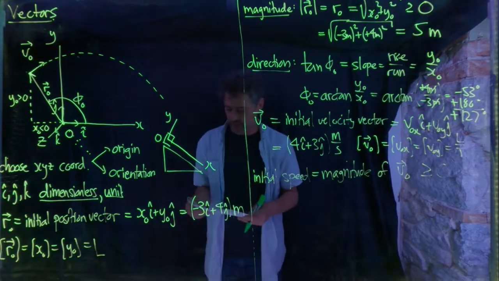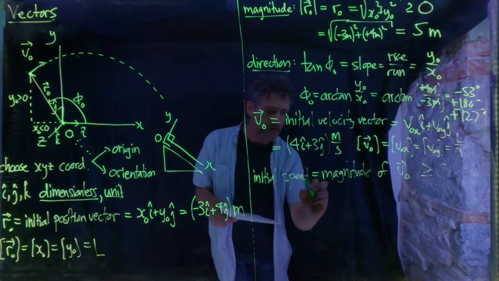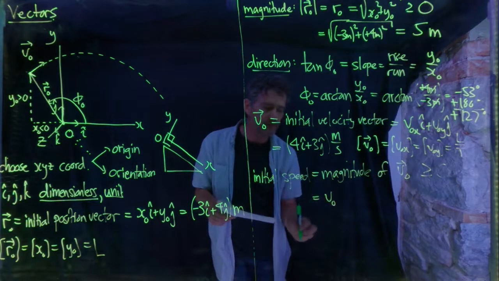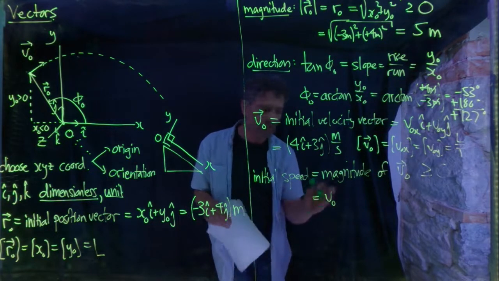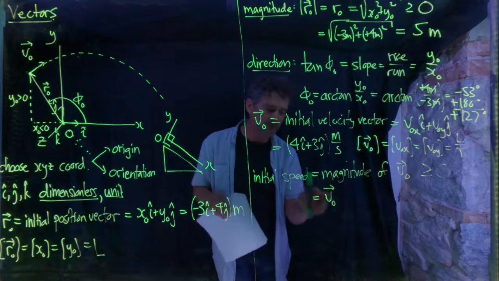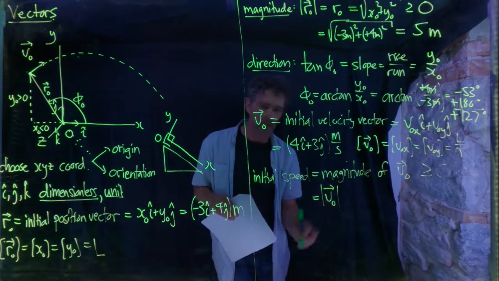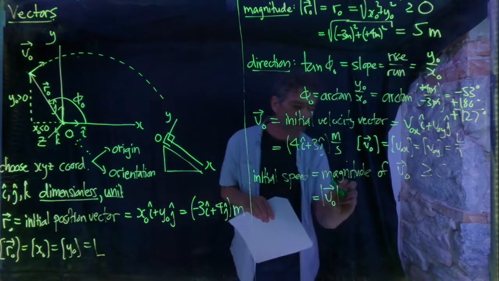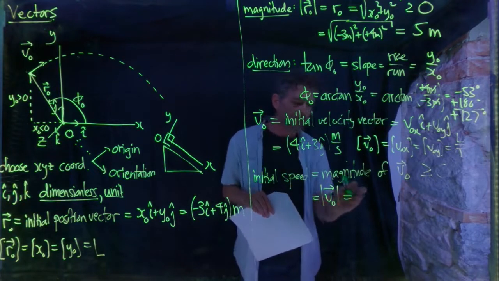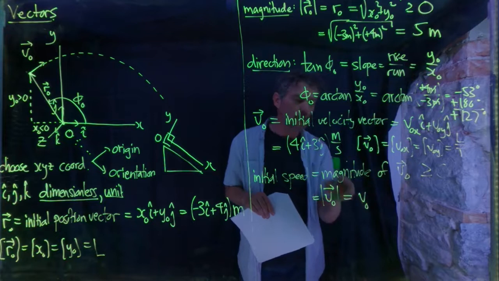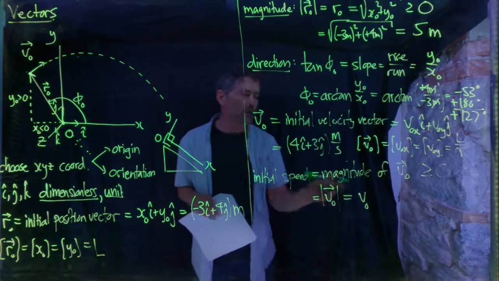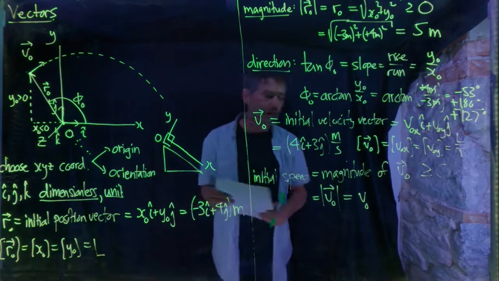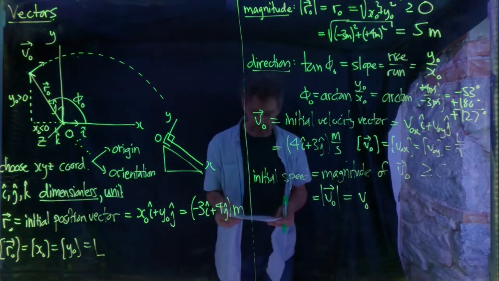Speeds are always positive numbers or 0, and so that will be denoted by v0. We can do this two ways. We can write it as the vector v0 with magnitude bars around it, or, much more commonly, just write v0 without the vector symbol on top. That always means, in this course, the magnitude of the vector.